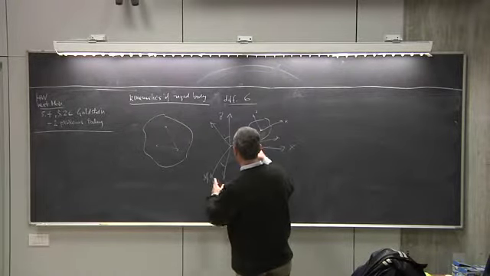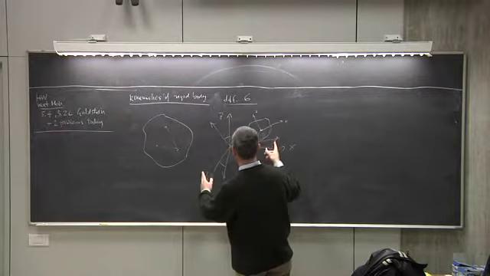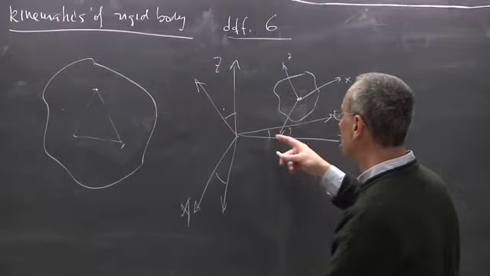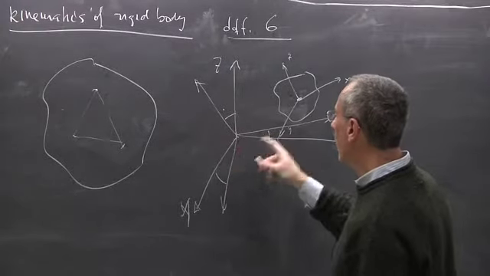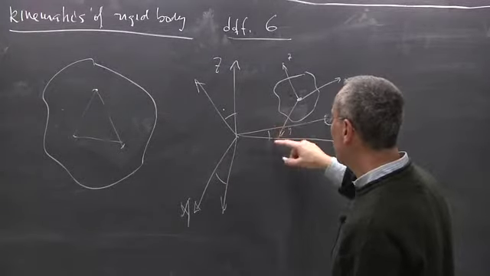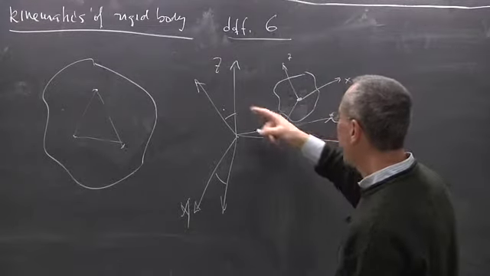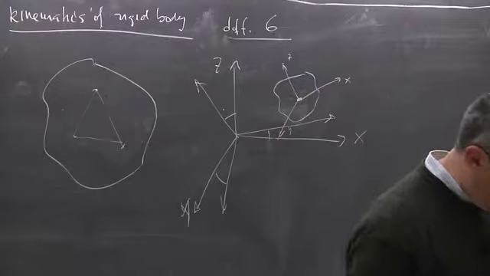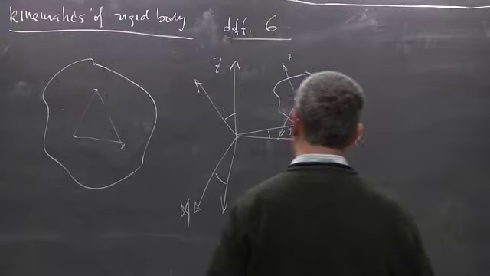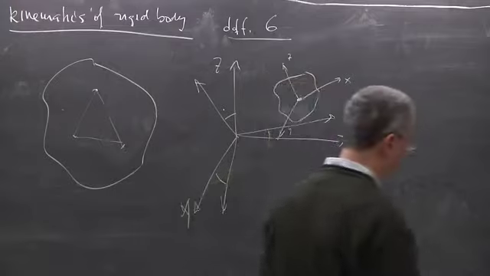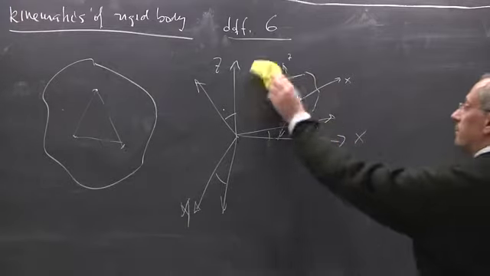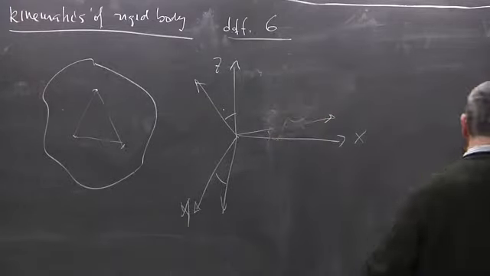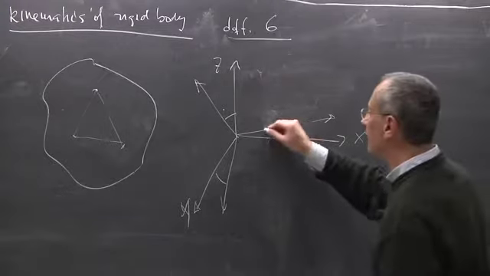Well, one possibility is, as this set of axes is rotating with respect to the original one, you give me the new angles by which each of these axes has rotated with respect to the original one. So how do you define angles in space?